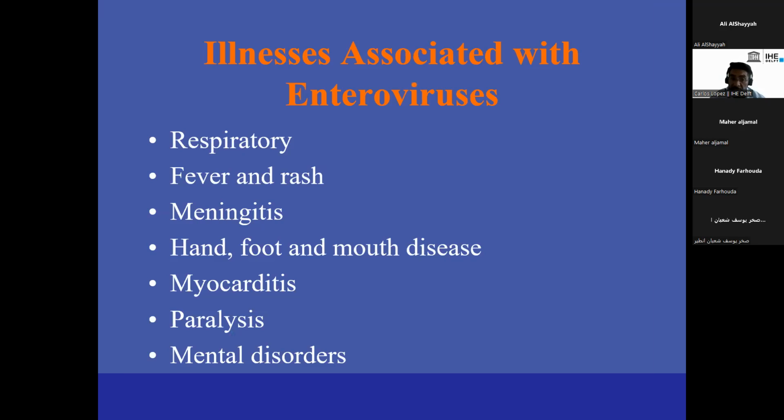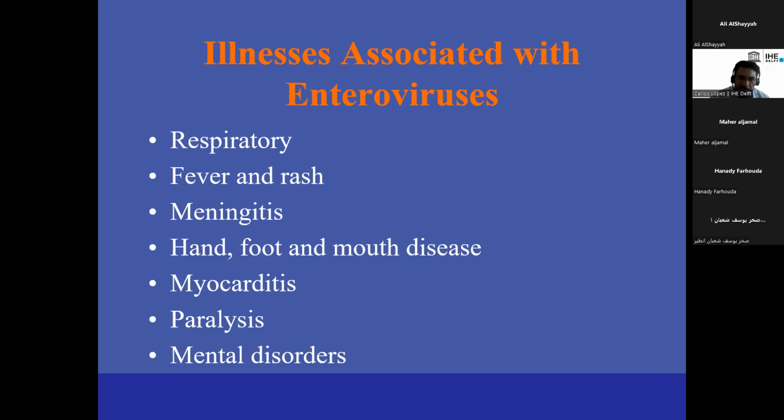In very extreme cases, they can lead to meningitis. When the conditions are not that strong, they have a mild effect, but we can still have hand, foot, or mouth diseases, mostly of the skin. But in extreme cases, they can lead to paralysis or even mental disorders, depending on how strong the virus is.